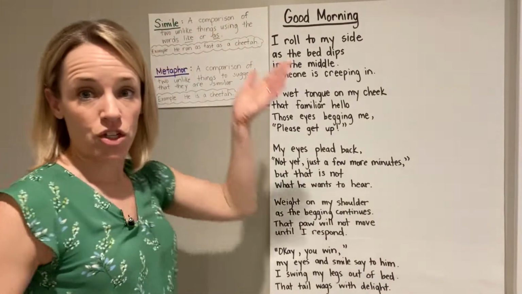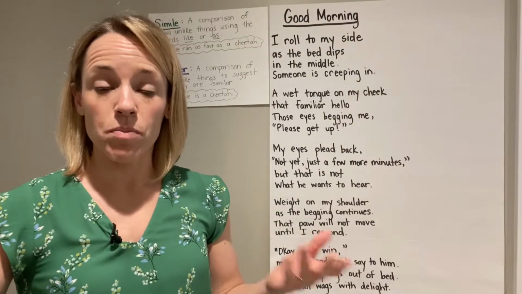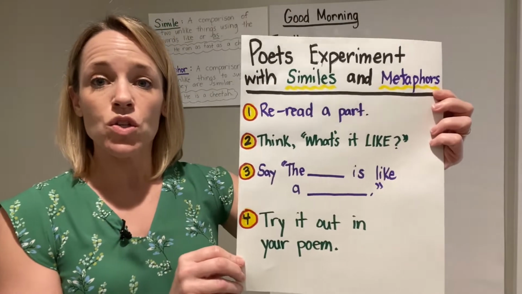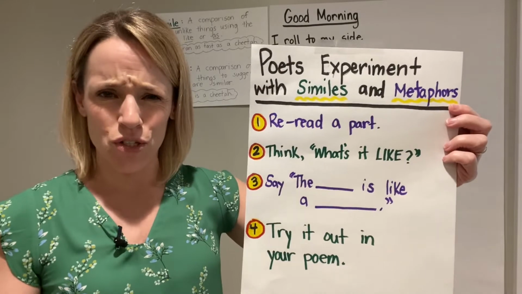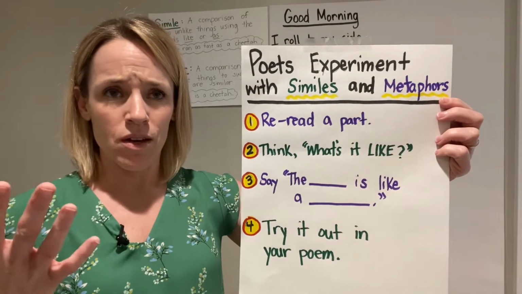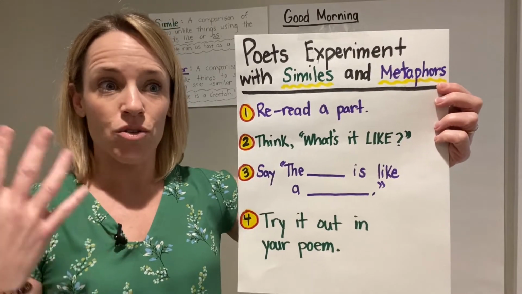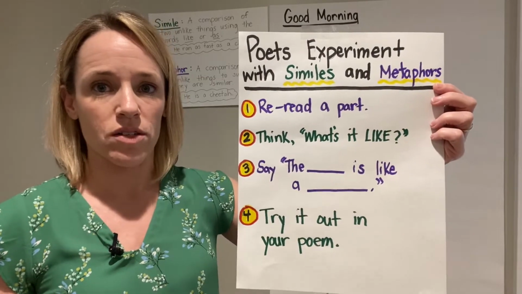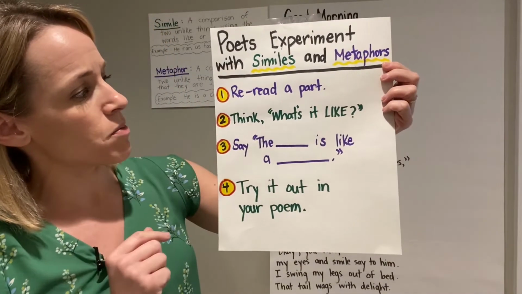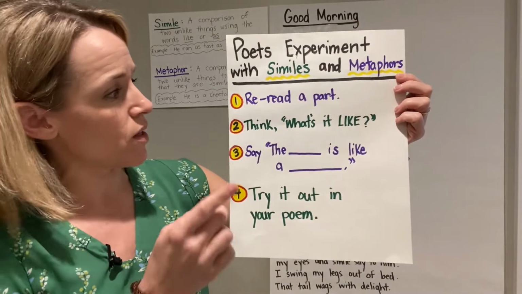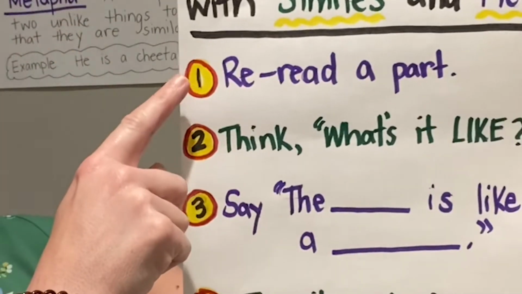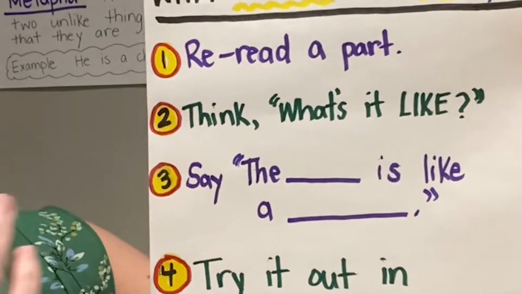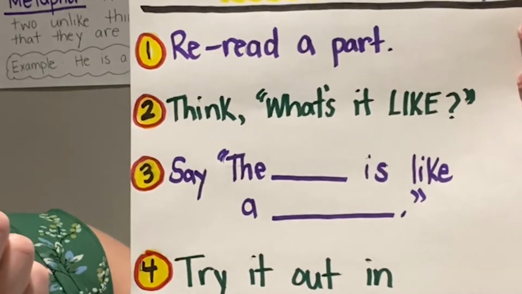And today I want to teach you how as poets you can experiment with using similes and metaphors. The reason that we do that is it really helps your reader to understand and to visualize even more, to understand the meaning that you're trying to get across. So poets experiment with similes and metaphors. One way that poets can do this is they can reread a part of their poem, and then you can think, what is it like, this little part in your poem?